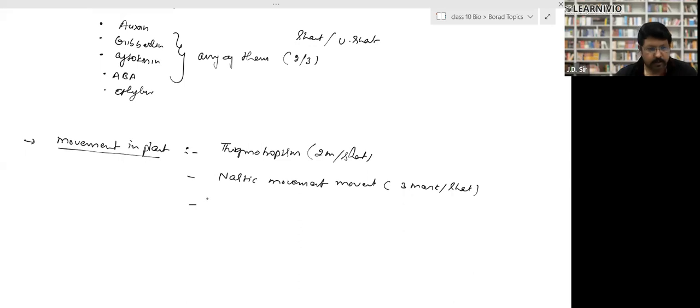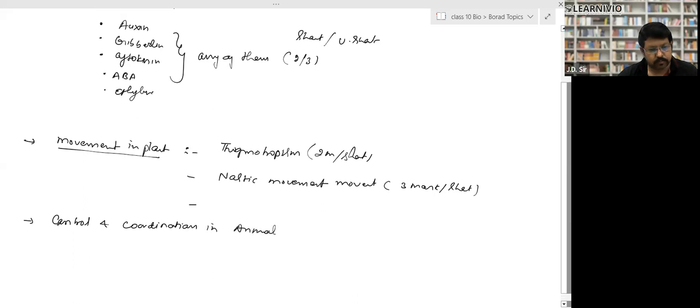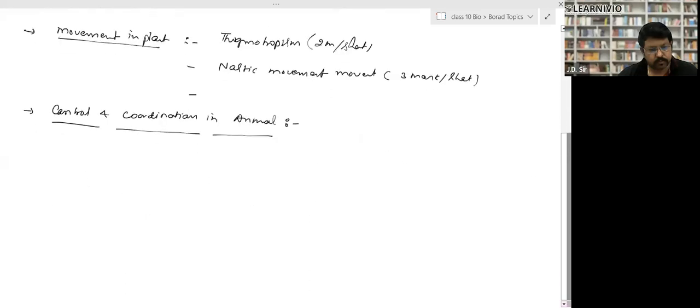When we talk about control and coordination of animals, the most important thing, very important, is the diagram of a neuron, or diagram of a neural cell.